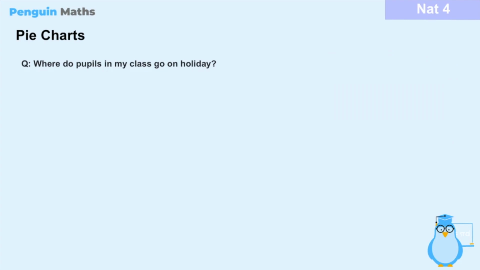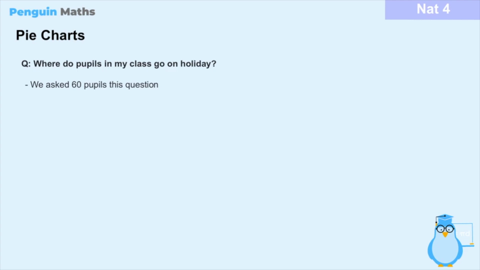So to begin constructing a pie chart, we have to begin with a question and a purpose behind it. Our question for this one is asking ourselves, where do pupils in my class go on holiday? By having this question, this then allows us to take action and ask each pupil where they go on holiday, and that would allow us to gather data on this.